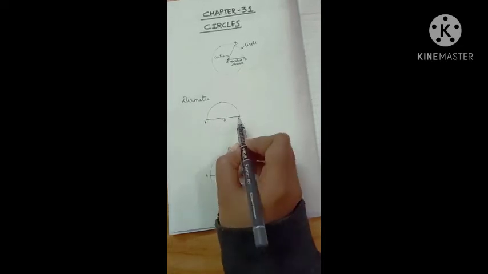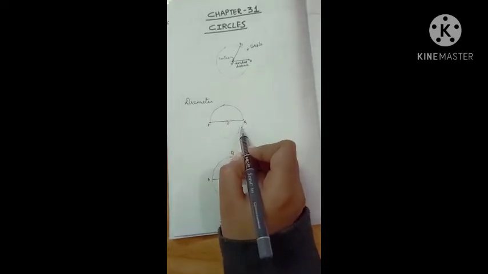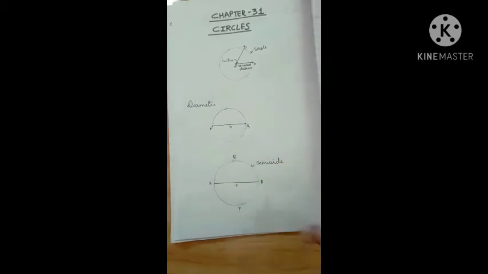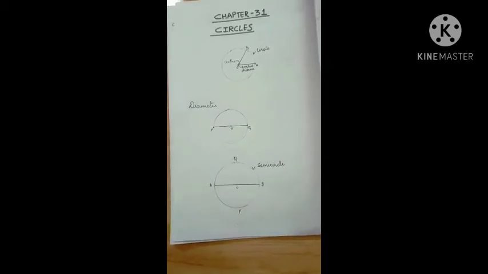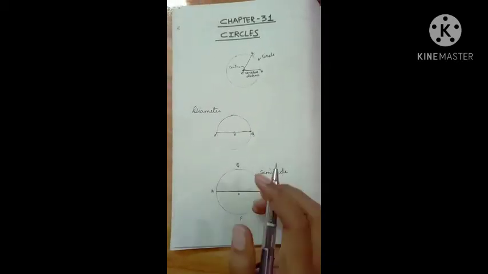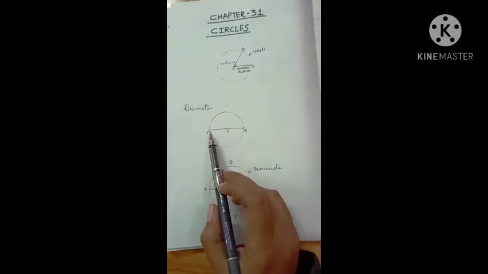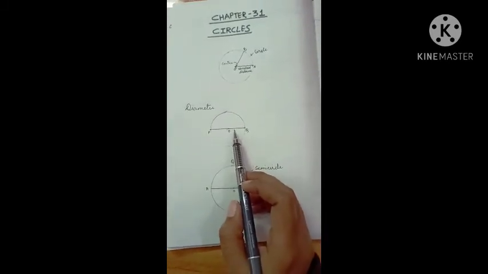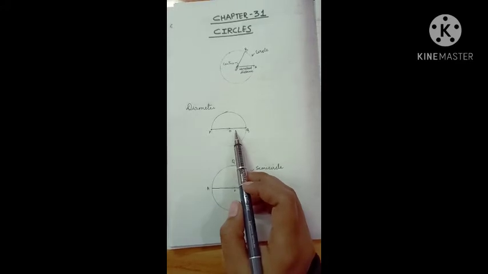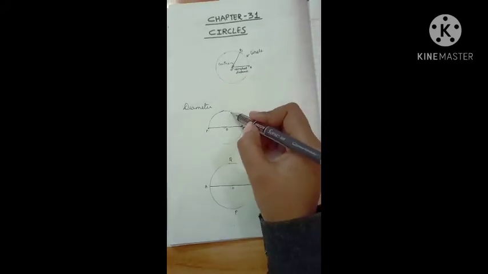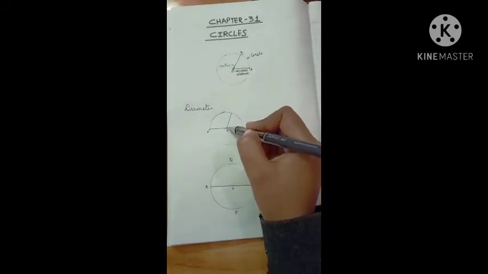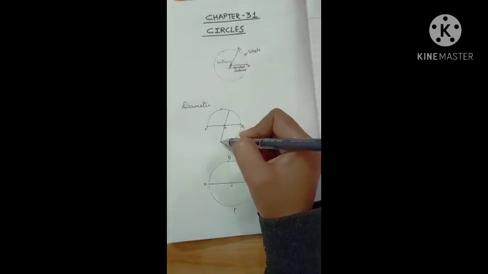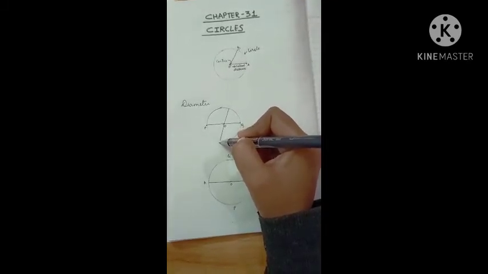Say this point P and this point Q. So this line segment is known as the diameter of the circle.